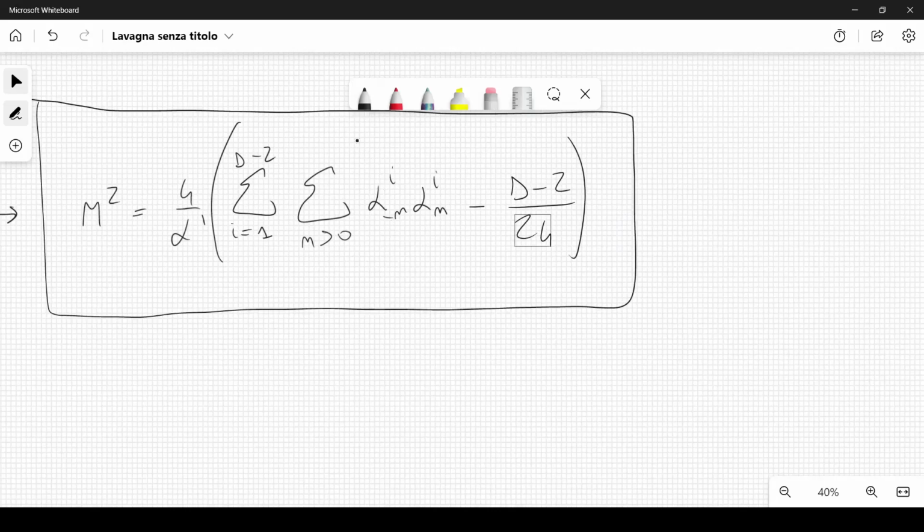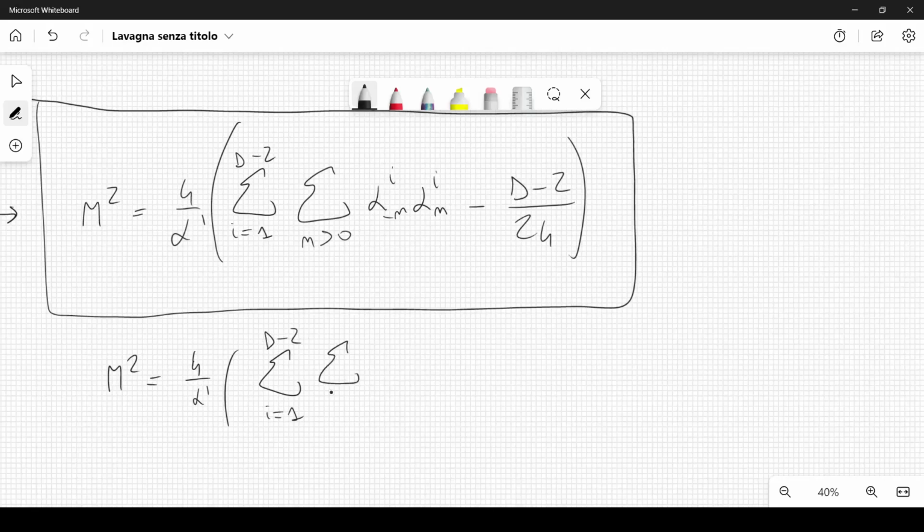Let me write it like this. So m squared can also be written as 4 over alpha prime, summation over I from 1 to d minus 2, summation over n greater than 0, alpha tilde I minus n alpha tilde I n minus d minus 2 over 24. Now we can define, for the sake of convenience, this operator here.